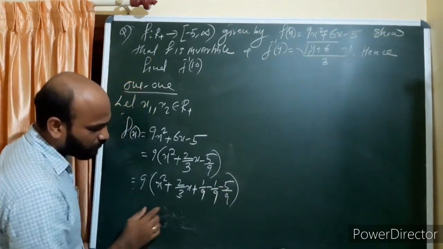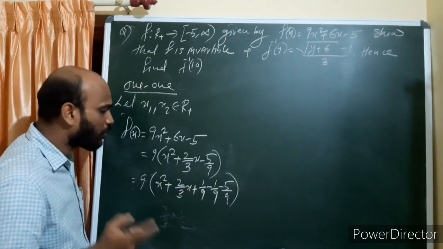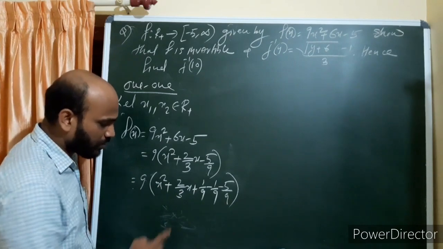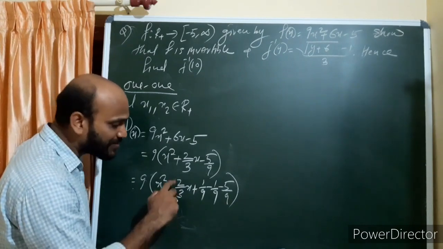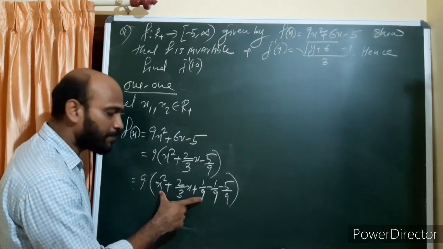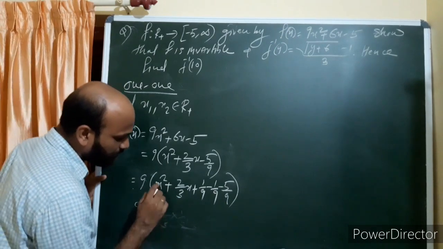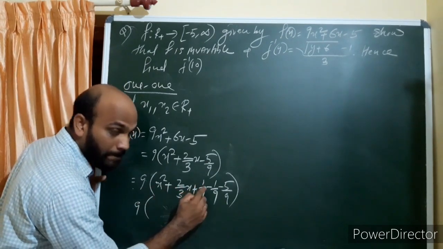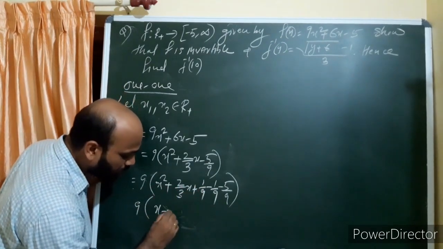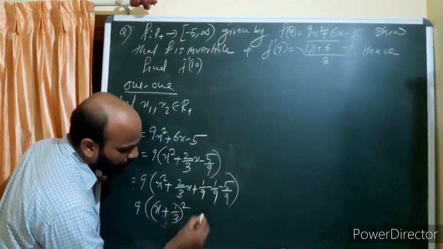Okay. Now the first three terms will be the expansion of a plus b all square or a minus b all square. Now this term is 2ab. Since this one is plus 2ab, this will be the expansion of a plus b whole square. So this is equal to 9 into, this is a square, this one is 2ab, b square. So a plus b whole square means x plus 1 by 3 whole square you will get.